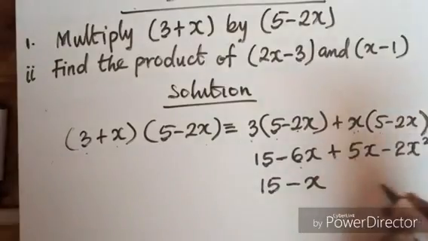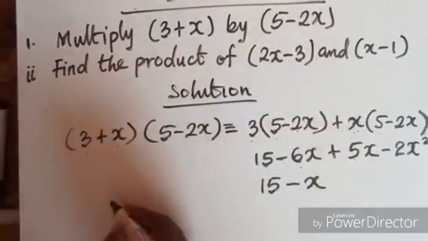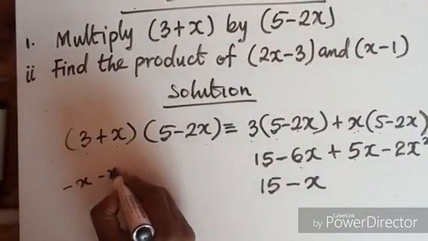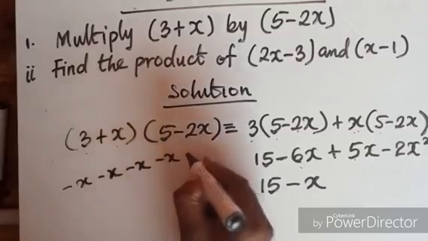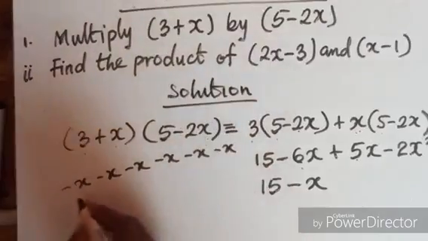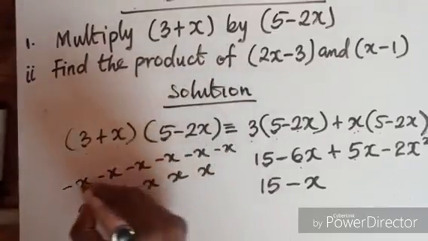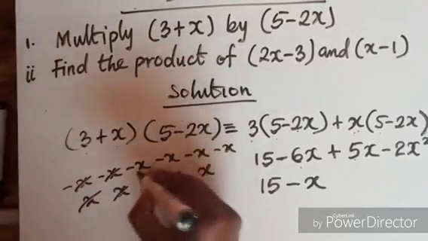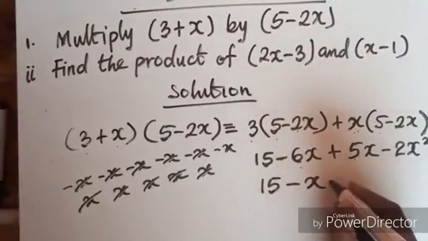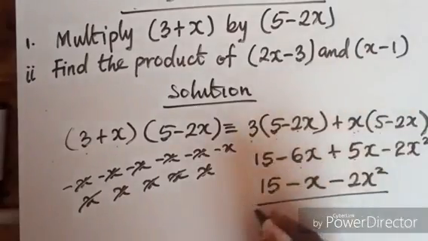And I explained the other time that when you got this negative 6x, it's not a number, but it tells you negative x is occurring 6 times. 1 2 3 4 5 6, and you have x x x x x. So when this cancels this one by one, you are left with negative x, minus 2x squared. So this one becomes the solution to the question.